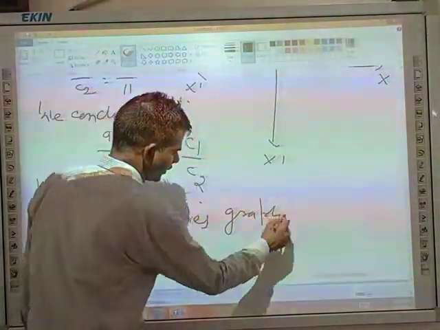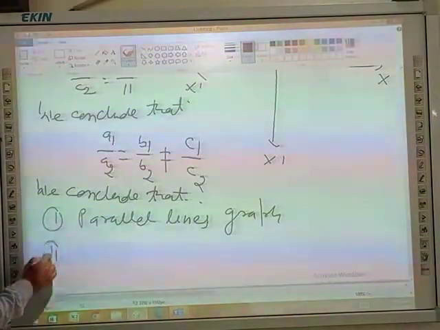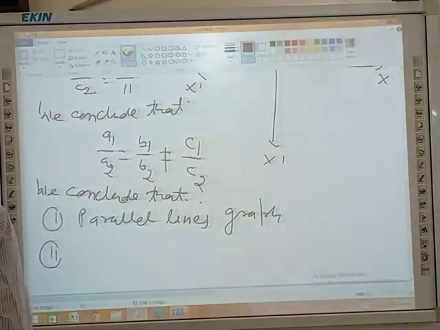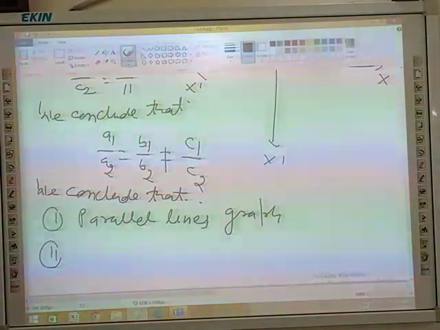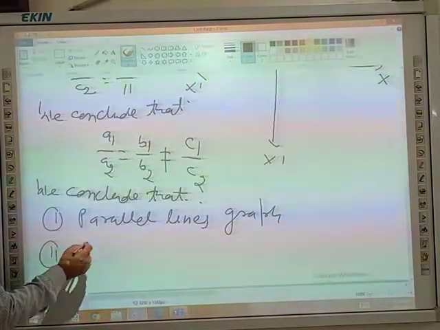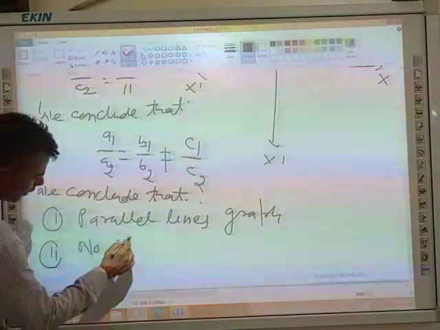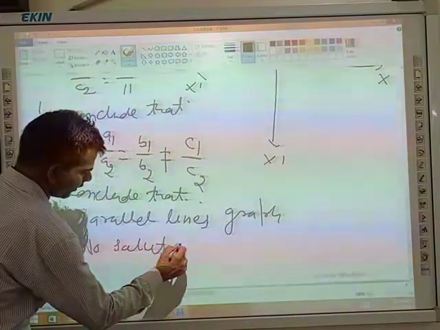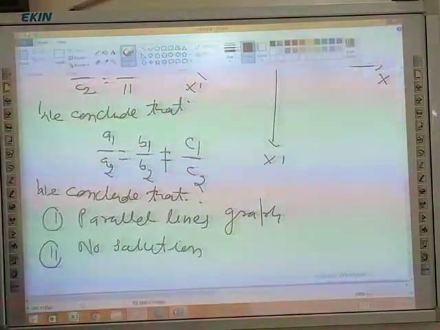Second will be no solution. Student, these two lines don't meet at any point, so no solution. Students, if there is no solution, it will be inconsistent.